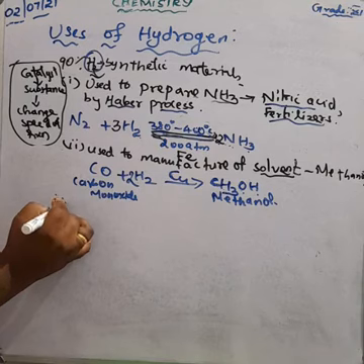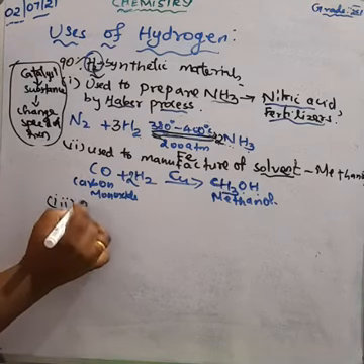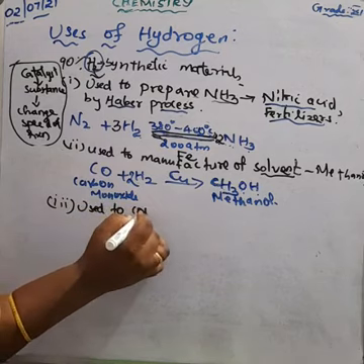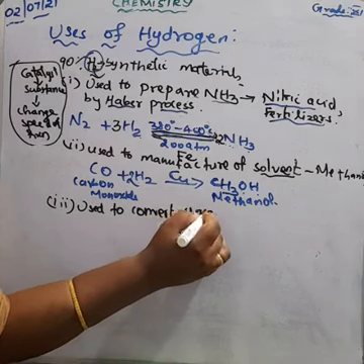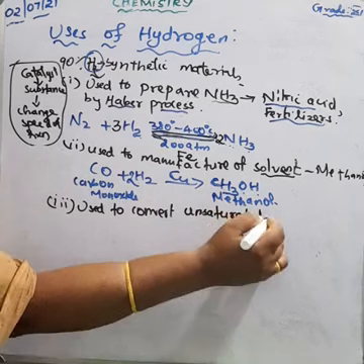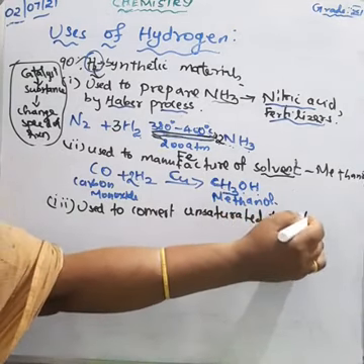And what is the third use of hydrogen? What is the third use? Hydrogen is used to convert unsaturated fatty oil to saturated fats. Okay, unsaturated fatty oil to saturated fats, that is vanaspati.